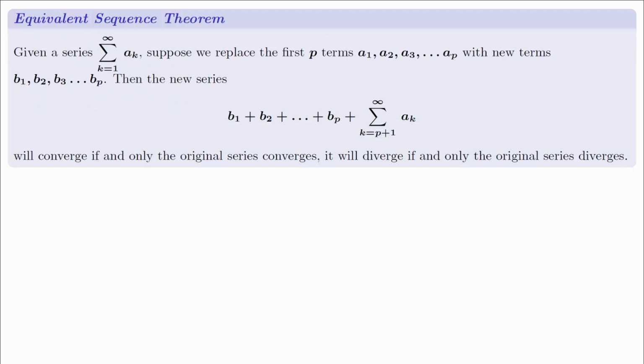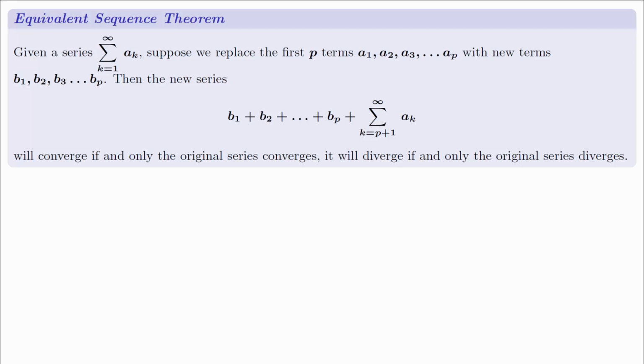I want to state and prove a particularly important form of this principle, which is called the equivalent sequence theorem in the notes. The theorem goes as follows. Given a series, summation k equal 1 to infinity of ak, suppose we replace the first p terms, a1 through ap, with new terms, b1 through bp.